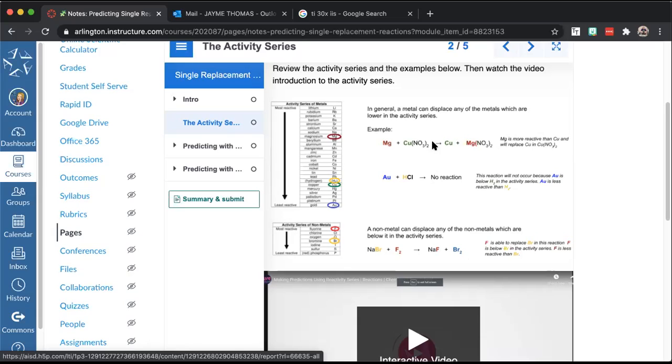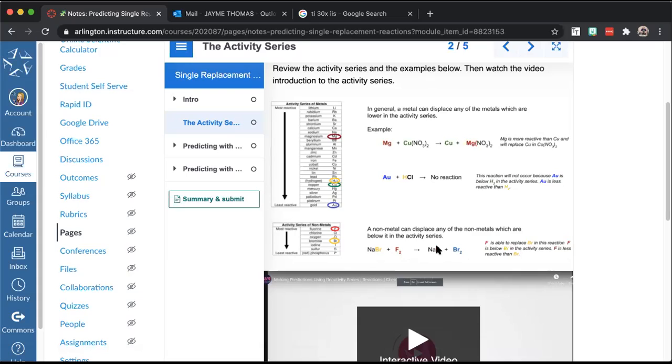Okay. And then for sodium and fluorine, notice it's just NaF. Some of you might be going, well, where did the 2 on the fluorine go? Well, it's not needed because this is an ionic compound and sodium is in group 1, so it has a +1 charge. Fluorine is in group 17, it has a -1 charge. Those cancel out, so I don't need subscripts for this formula.